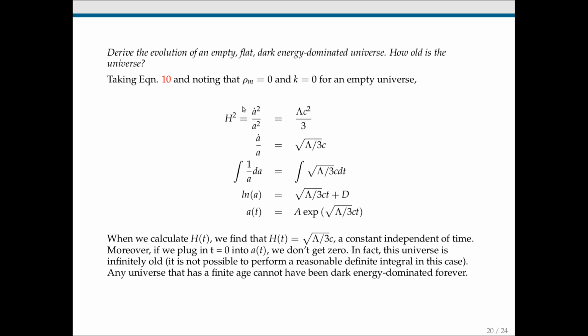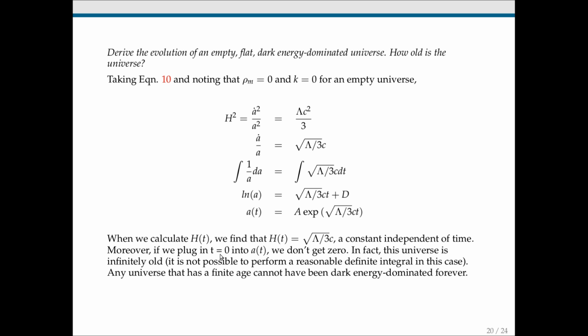When we do this, we get H squared equal to a constant. And if we do the math, and then integrate, we get that a of t is equal to some constant times an exponential in t. When we calculate H of t, we find that it's equal to a constant, independent of time.